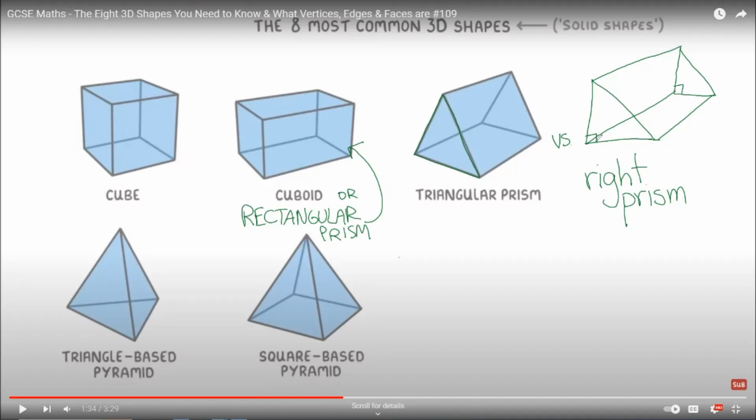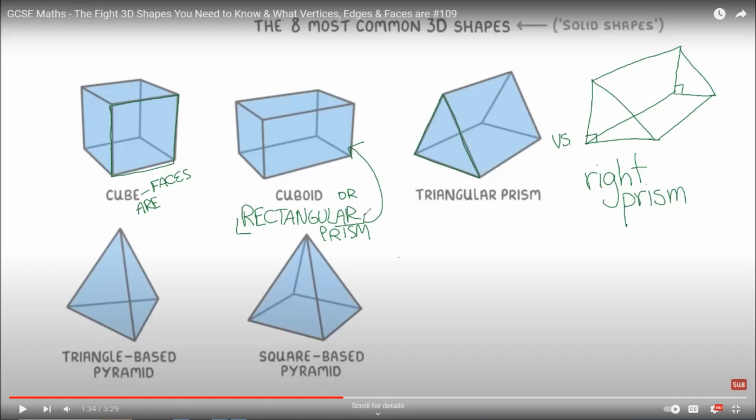You can see that for the cube, all of the faces are made of squares. Prism doesn't mean triangle. A prism is always going to have some kind of descriptive word in front of it. It's not just going to be a prism, that doesn't really tell us much.